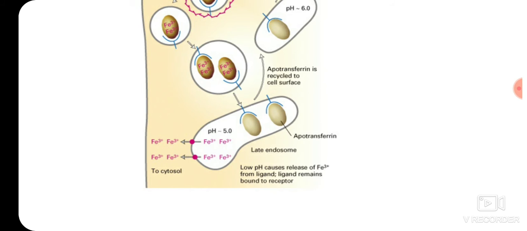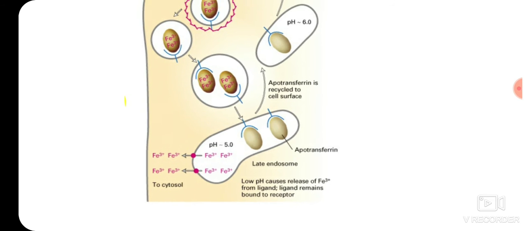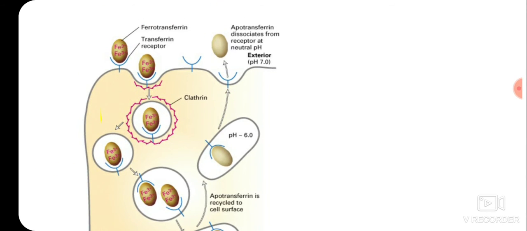the transferrin with the receptor is going to get converted into a vesicle, and that vesicle is going to get fused with the plasma membrane, and once it fuses with the plasma membrane, the apotransferrin is released from the receptor, and all this happens with the change in pH.